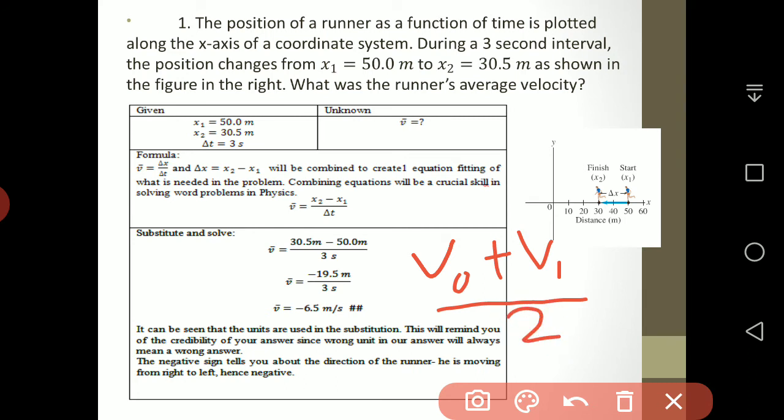Yung problema lang kasi dito, wala naman yung mga yan sa ating given. So, mali yung formula na ito. Hindi natin magagamit ito.